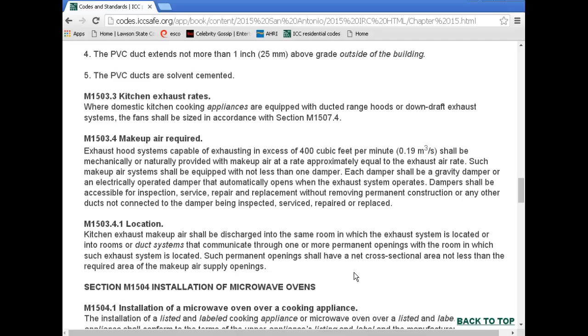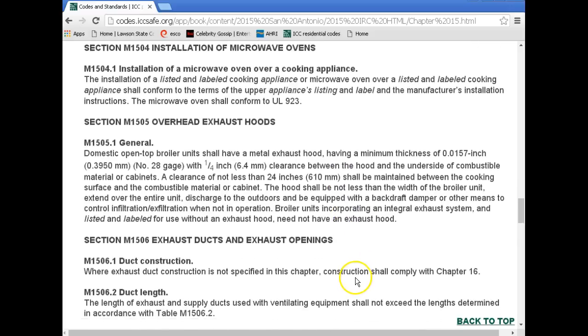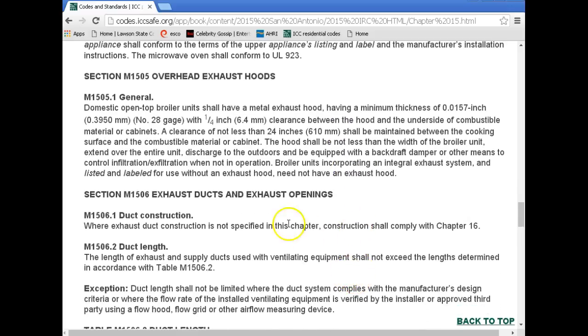Where are we at? Jump to 1507, mechanical ventilation. Not worried about that.